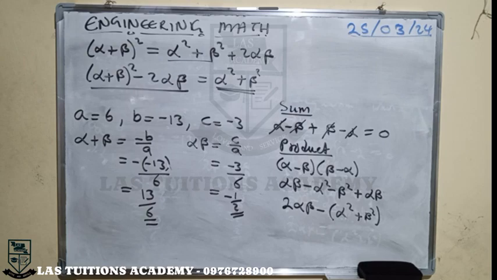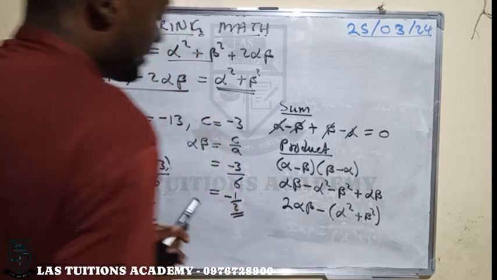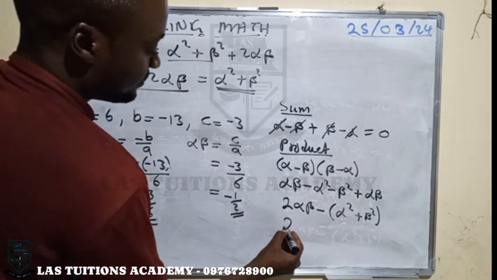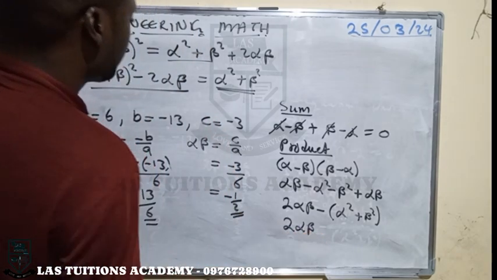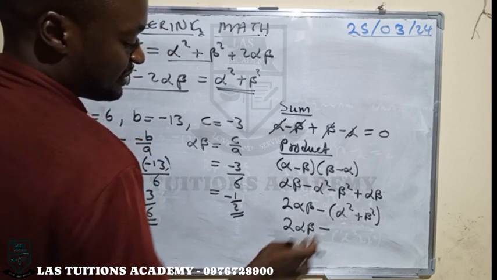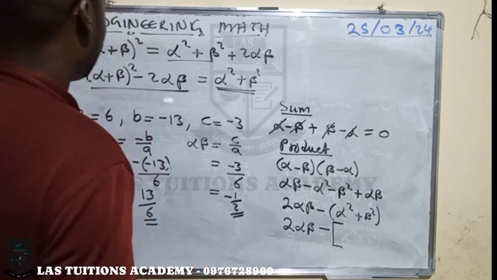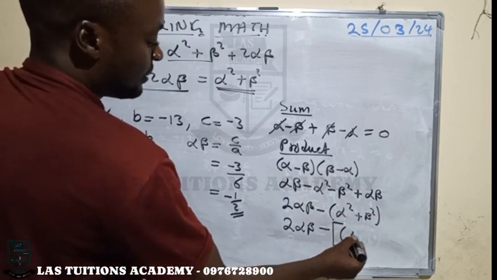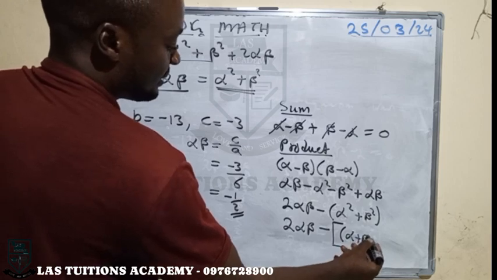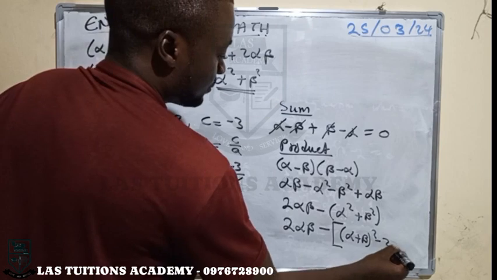So this is going to be 2 alpha beta minus, now this minus is for this, so I'm going to replace here: inside the minus we have alpha plus beta squared minus 2 alpha beta.